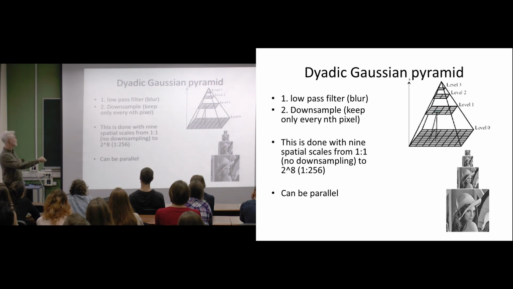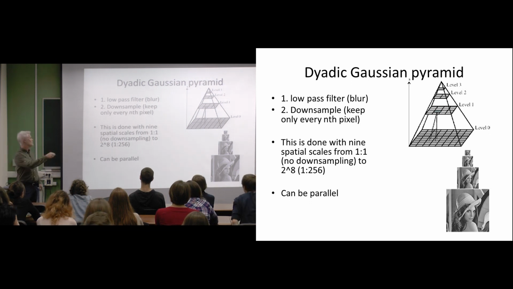Blur, downsample, blur, downsample, blur, downsample. And what you end up with is this dyadic Gaussian pyramid where any pixel on the higher level is a blurred average of a group of pixels beneath, okay?